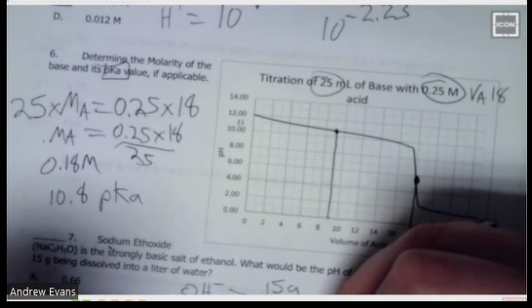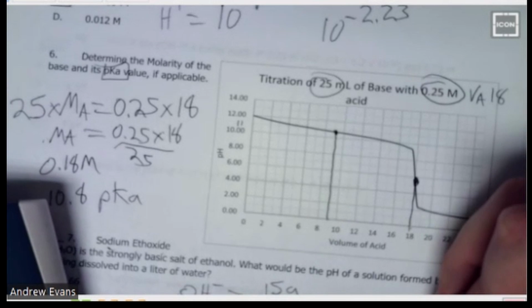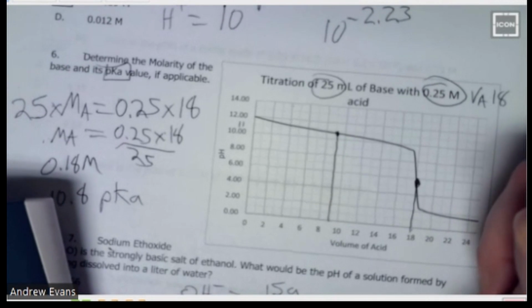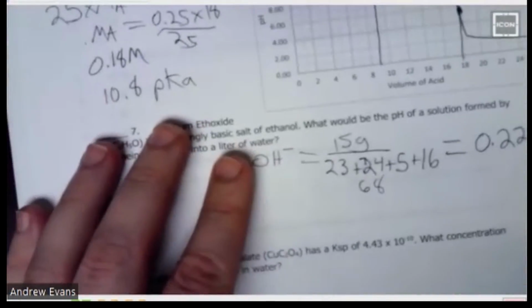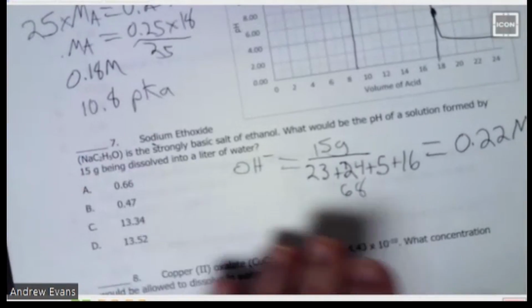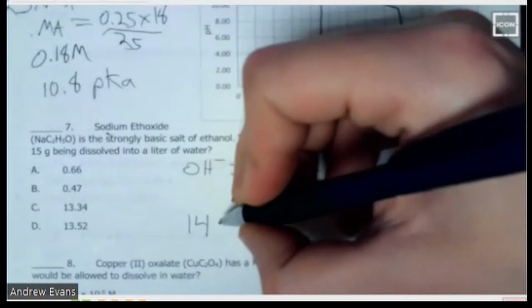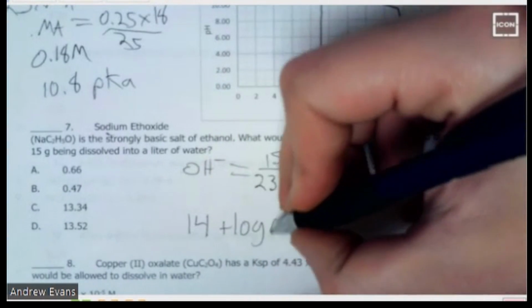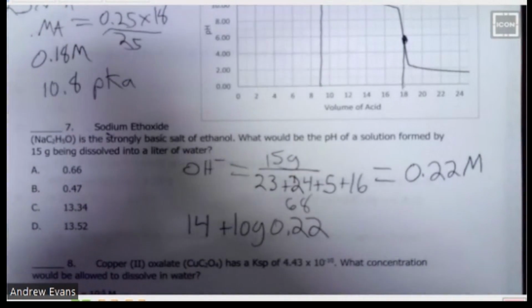It's 68. So 15 divided by 68 is something like 0.22 molar. So you would say 14 plus the log of 0.22 gives you your pH, 13.34. Very basic.